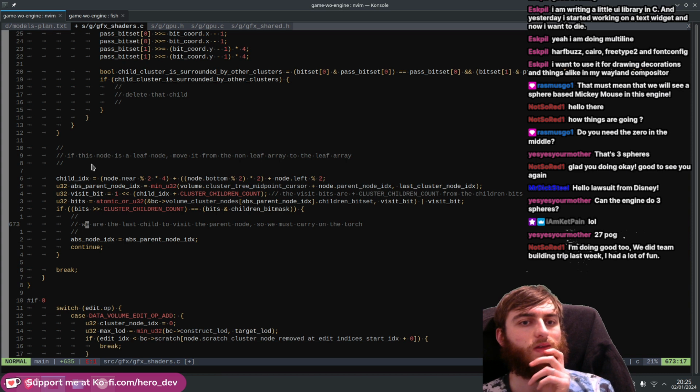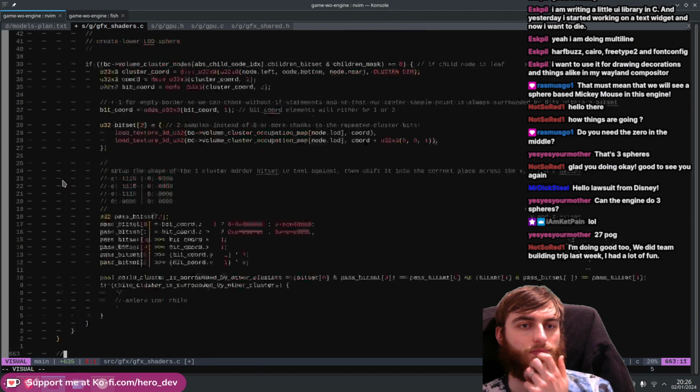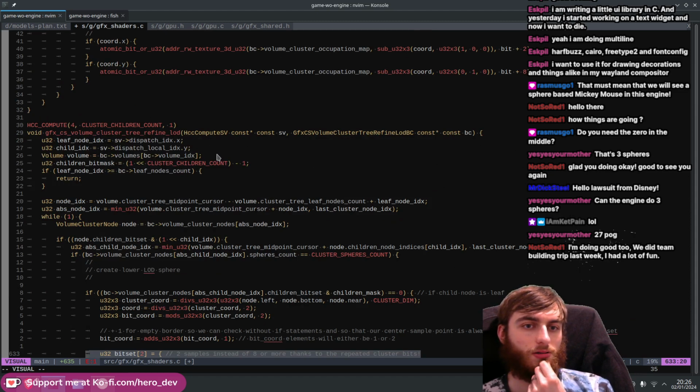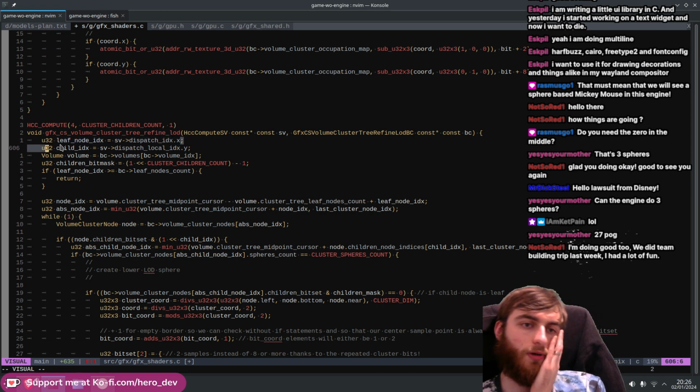Right. If this is a leaf node, move it from the non-leaf into the leaf. So given our node, get the child index. Right, how are we doing this? So we're getting 4 along the air, so doing 4 nodes per wave.